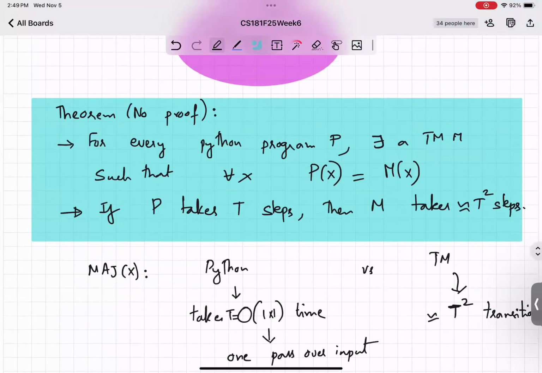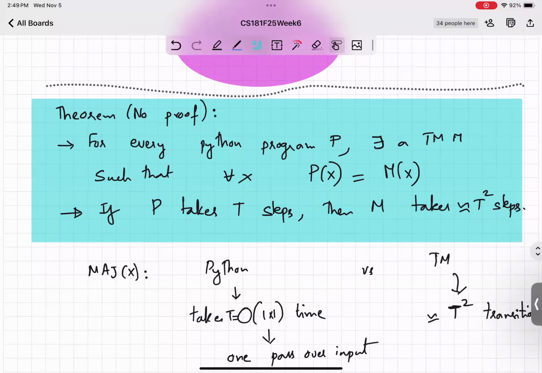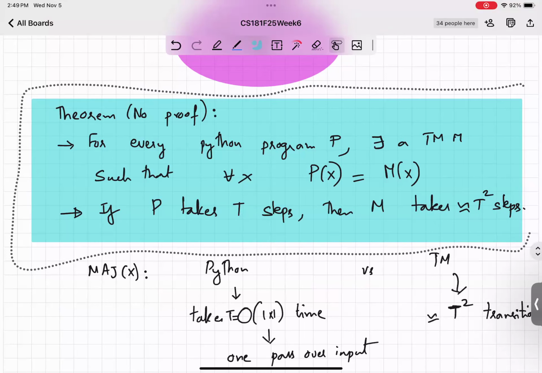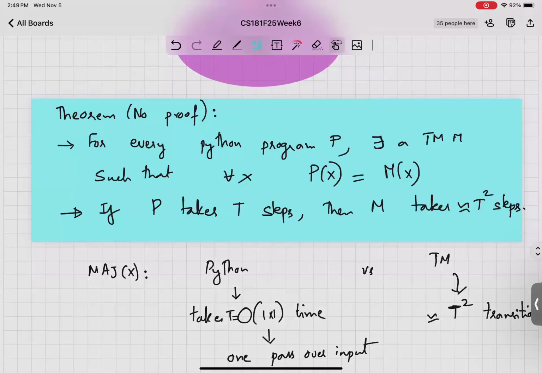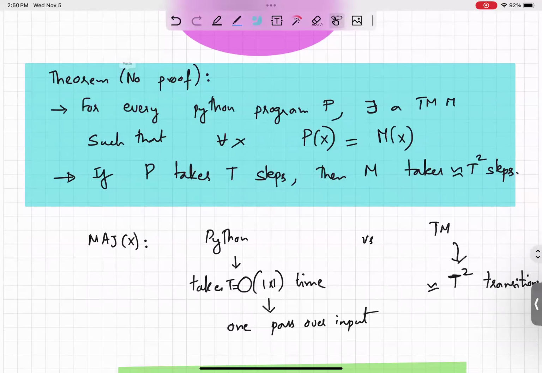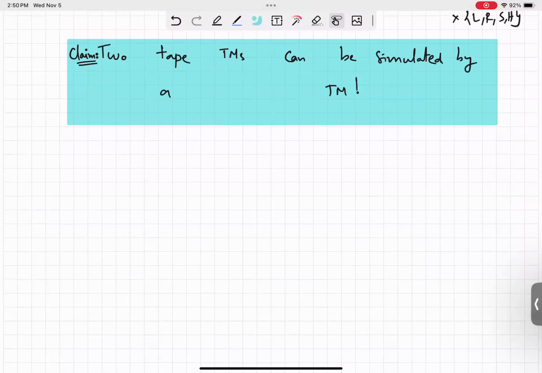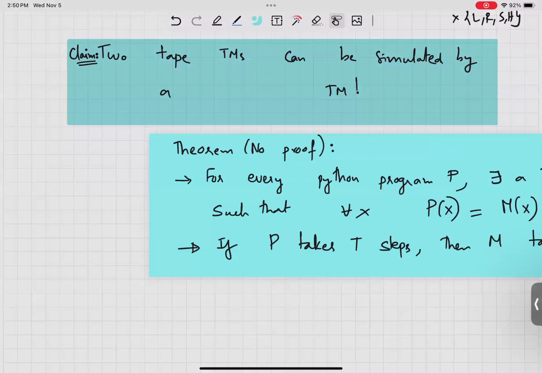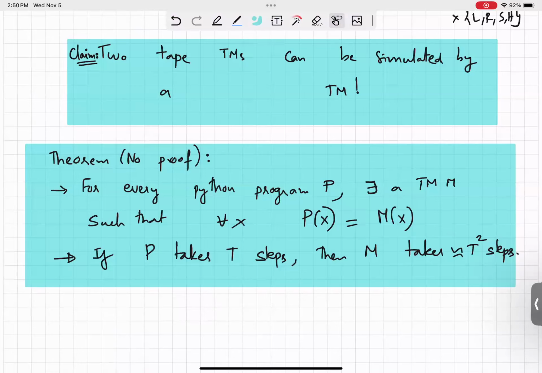And one thing I will say though is if you go back to this theorem, and we won't give a proof of this too. It turns out there is a two-tape Turing machine M also, no surprise.